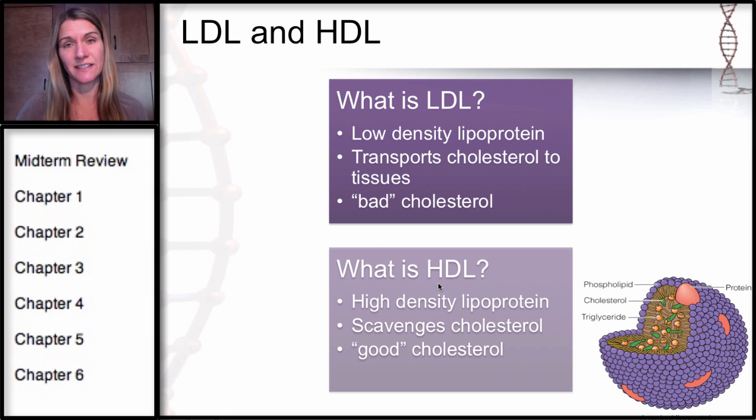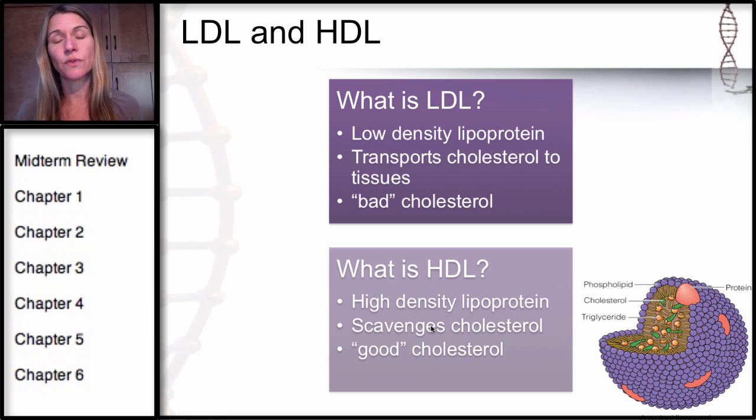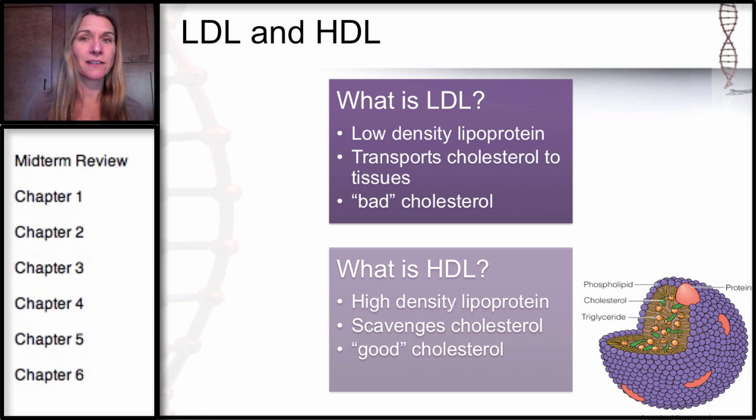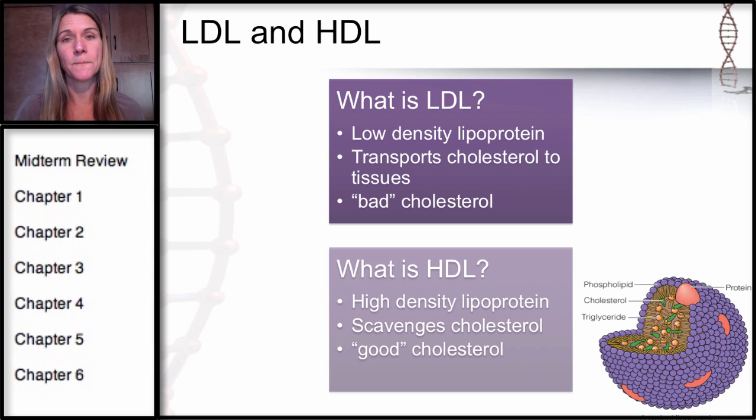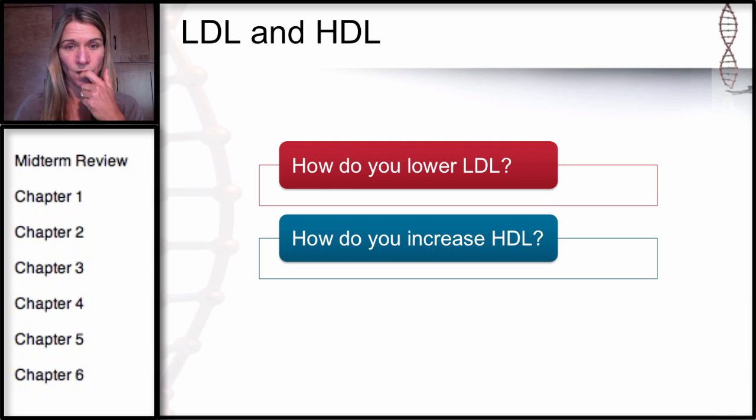HDL is high-density lipoprotein. It's a scavenger. It basically goes through the bloodstream and then picks up any cholesterol or fat and brings it back to the liver to be processed. And we think of it as the good cholesterol. So for the exam, I want you to know these two things. How do you lower LDL?